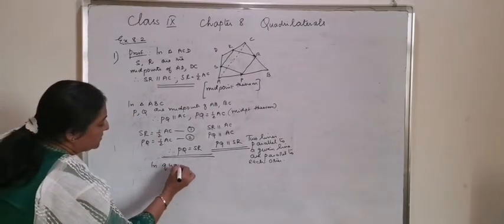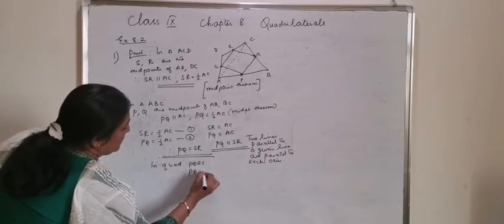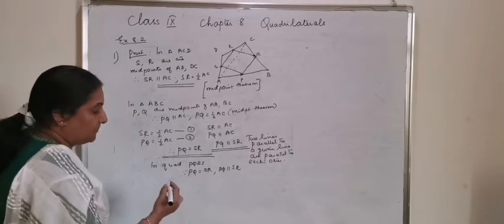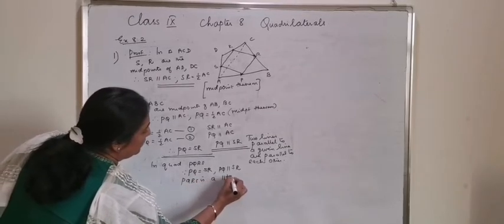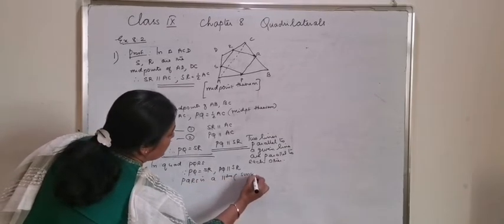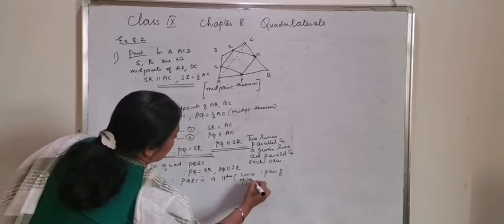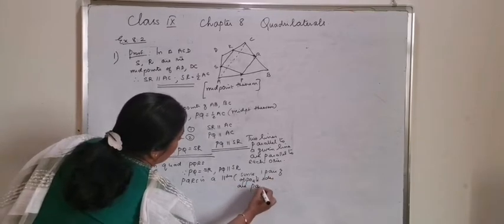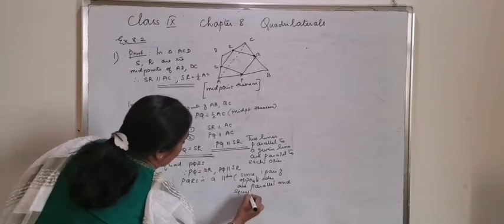In quadrilateral PQRS, since PQ is equal to SR and PQ parallel to SR, PQRS is a parallelogram. The reason is since one pair of opposite sides are parallel and equal.